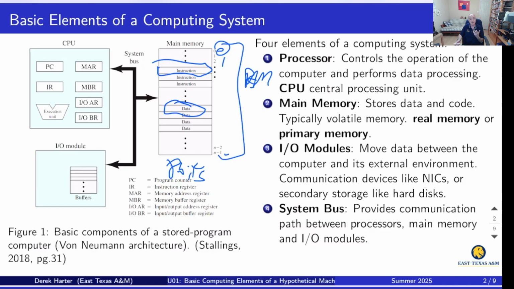If we're fetching something and expecting it to be an instruction, we will decode it and interpret it as a machine instruction. If we're fetching something else from memory and assuming it's an unsigned integer, we will decode it and treat it like an unsigned integer. So the bit patterns can mean different things depending on the context of what's in your main memory.